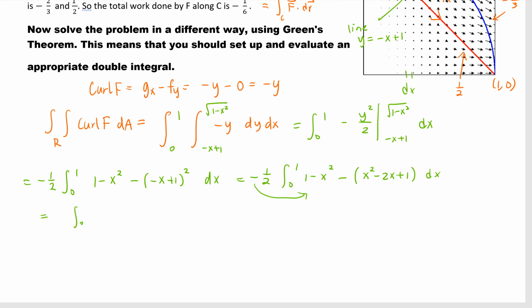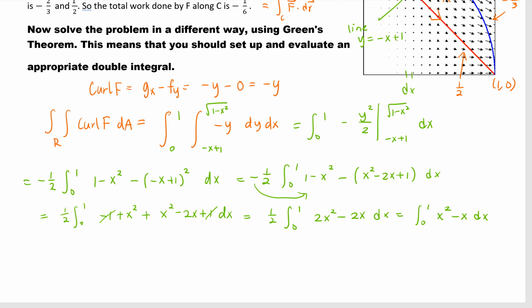Then we have 1/2. 1 becomes minus 1, but minus x squared becomes plus x squared, and this other part becomes plus, so we just copy down the things inside the parentheses. Let's reorder it. So we have 2x squared minus 2x, and plus 1 and minus 1 cancel. We can simplify and divide by 2, so we have x squared minus x dx.